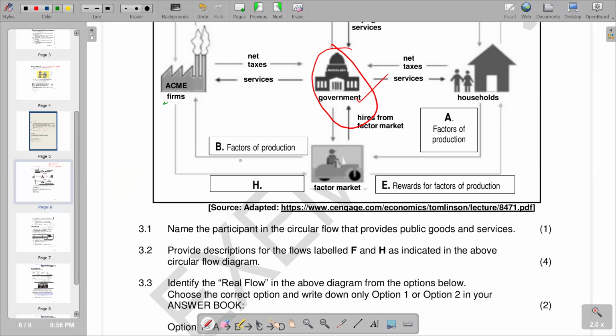On the other hand, we are seeing that there's B, which is showing factors of production going to firms. So basically, there is what we call factor income. After provision of labor by workers, they receive salaries and wages. So salaries and wages become a factor income, which can move from firms to the factor market.